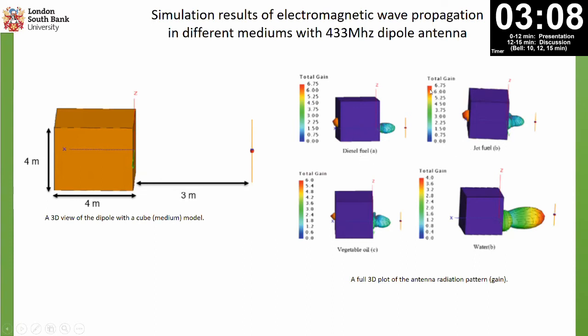The total gain was shown here. What we can say is that in the radiation pattern, we got more attenuation in water. For the jet fuel or diesel or vegetable oil, the waves were penetrating through the medium.